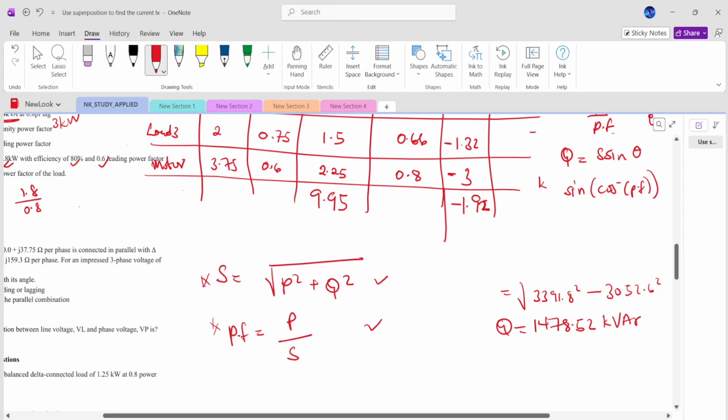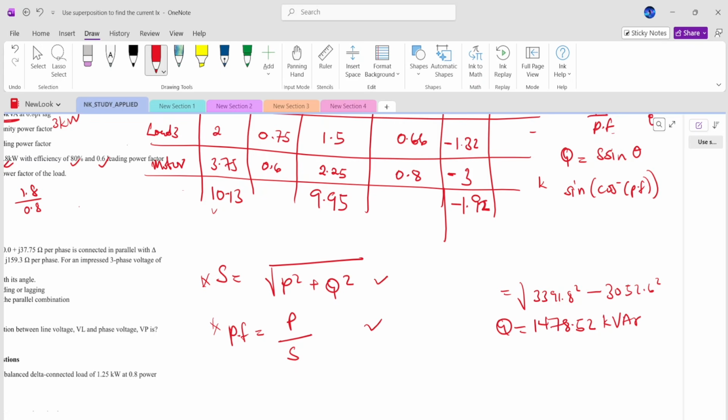So our total S is going to be the square root of our total P squared plus our total Q squared. And that's going to give me 10.13, right? Unfortunately, if you have your value of S wrong, it's very likely your value of power factor will also be wrong, and your answer will be wrong.